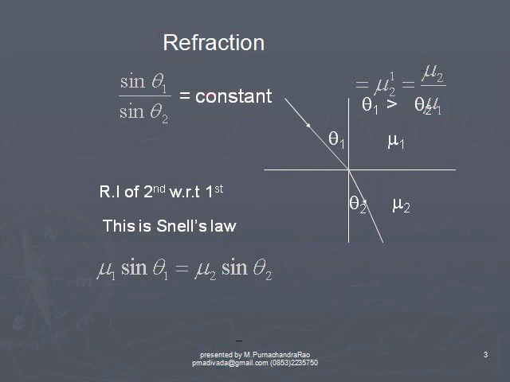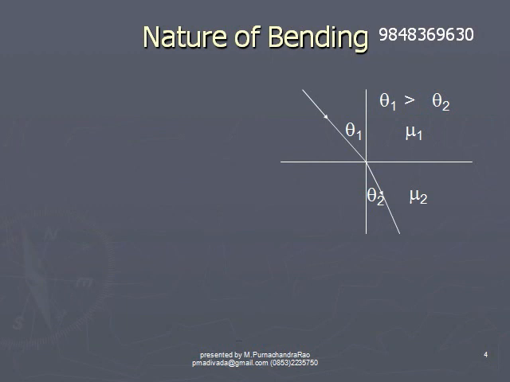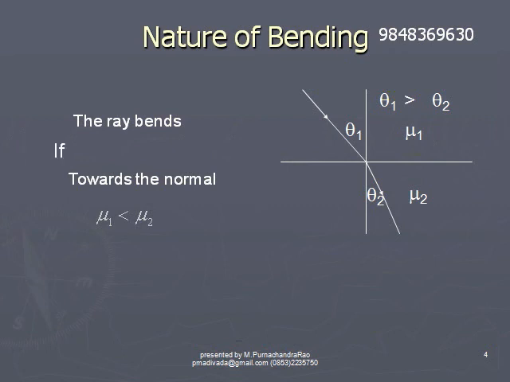Now we will pass on to the concept. When a light ray passes through different media, it bends at the interface of the two media. That is called refraction. Let us take the case in which the refractive index of the first medium, mu1, is less than the refractive index of the second medium.